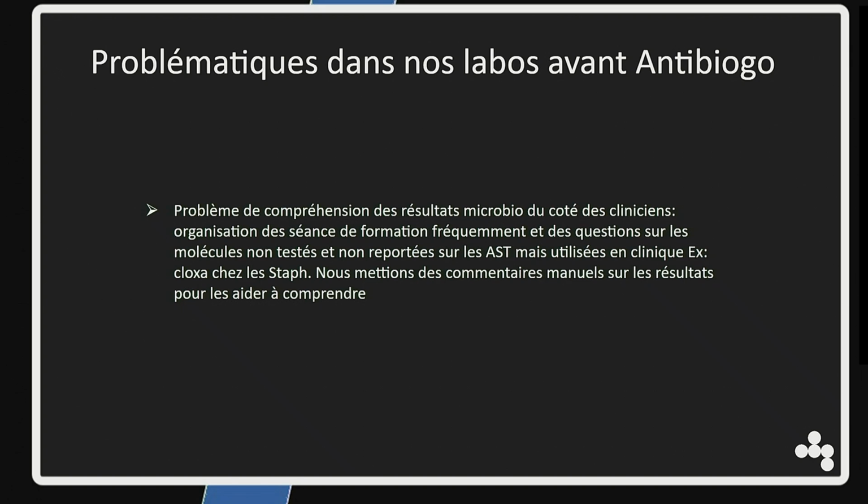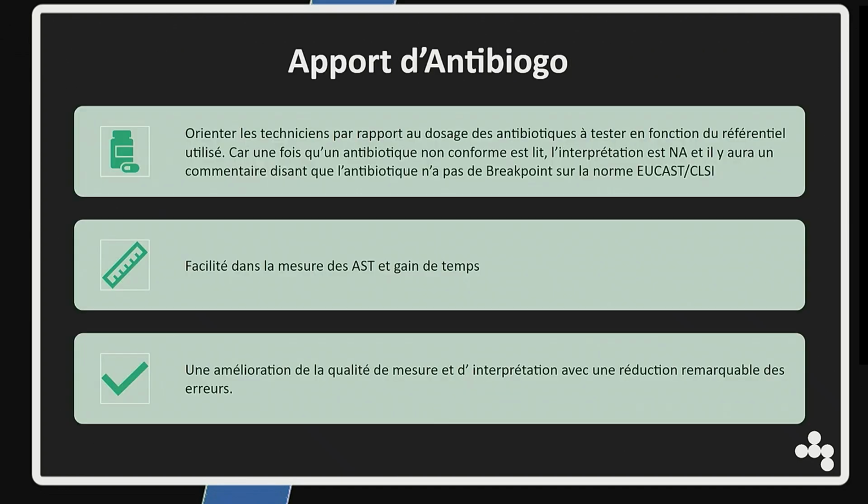They didn't get the results for cloxacillin on Staphylococcus aureus, and the clinicians kept calling the laboratory, asking for help to interpret our results. And we used to do lots of training for clinicians to help them understand the results we got.